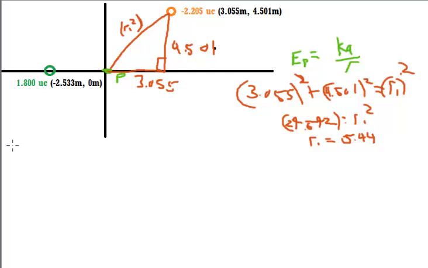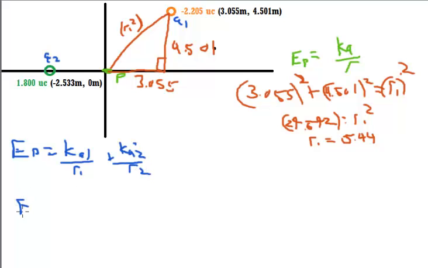We'll call this one Q1, and this one here Q2. And so electric potential has to equal KQ1 over R1 plus KQ2 over R2.